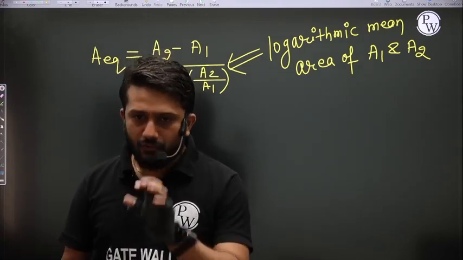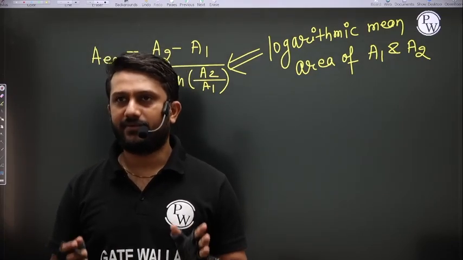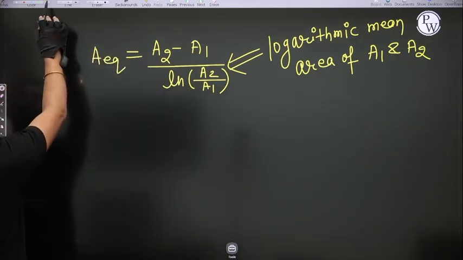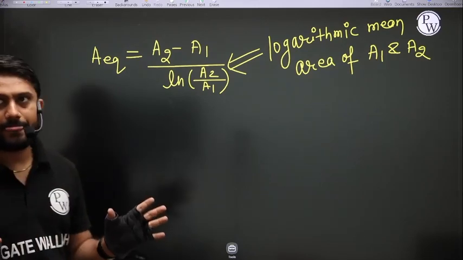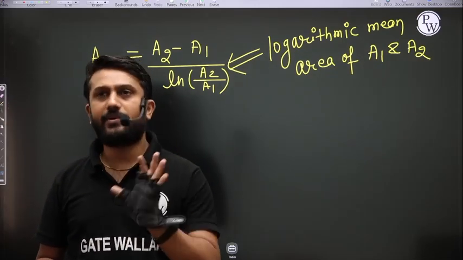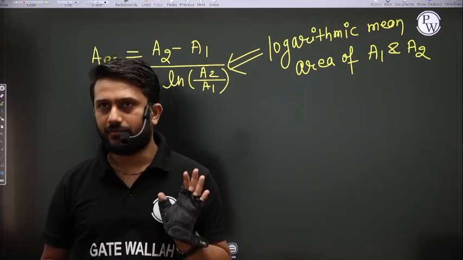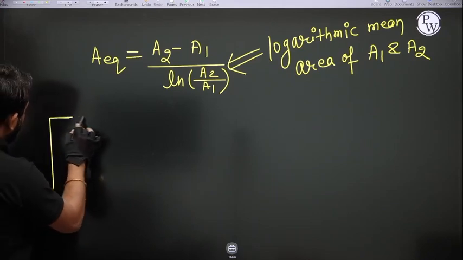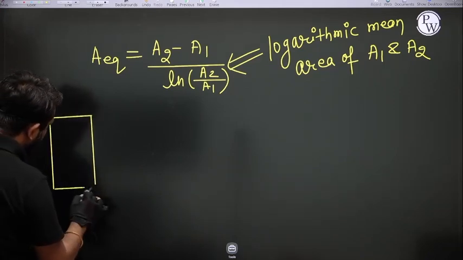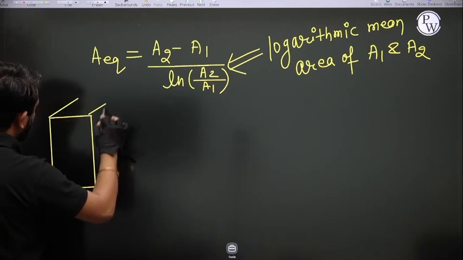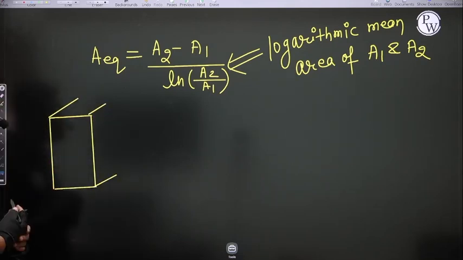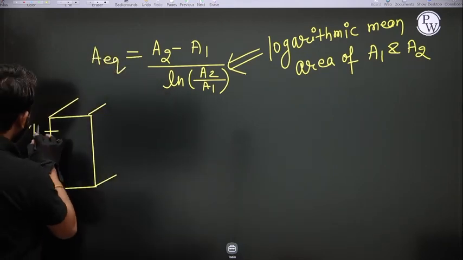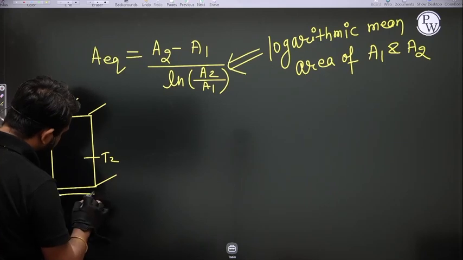Is it clear? And what is the significance of this equivalent area concept? See, the simplest case is the plane wall. In case of the plane wall, if I want to calculate the rate of conduction heat transfer, here the temperature is T1, here the temperature is T2, the thickness is delta.